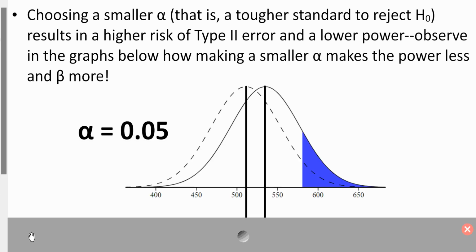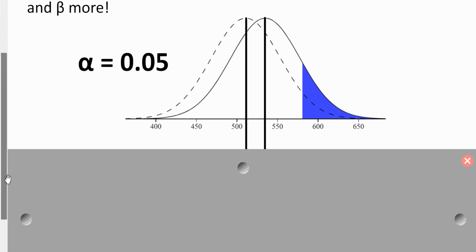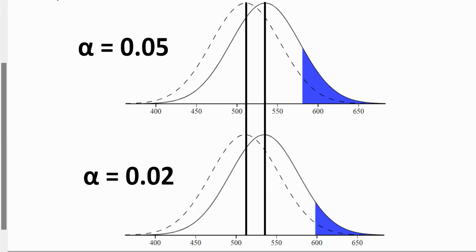Observe in the graphs below how making a smaller alpha makes the power less and the beta more. So I have an alpha level of 0.05, an alpha level of 0.02. That blue is all the reject range, but when you move it over farther, that creates a smaller reject range here, which means it's a lot easier to incorrectly fail to reject as well.